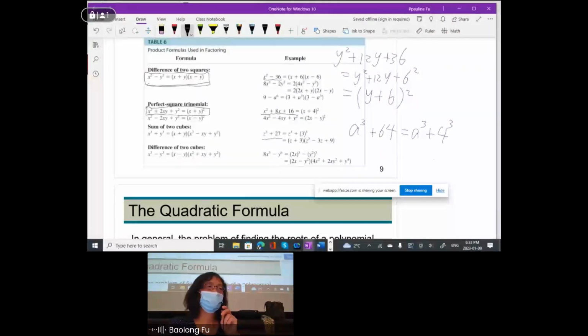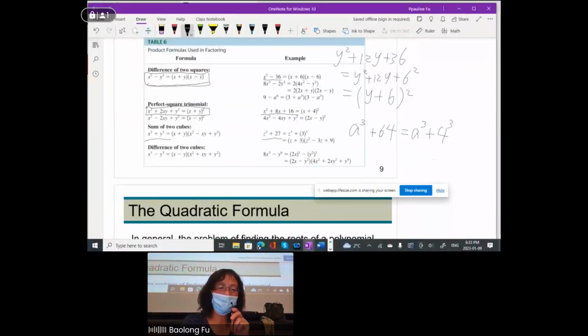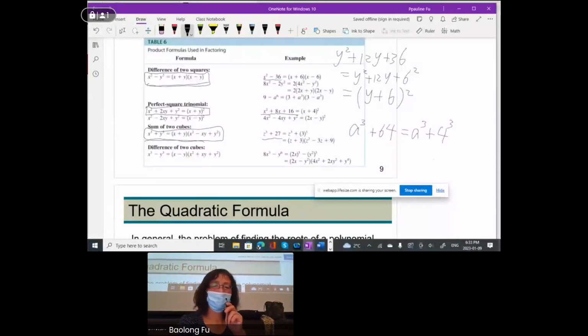That's right, 4 raised to power 3 equals 64. And then we use this formula, the sum of 2 cubes, and you get a plus 4 times a squared minus 4a plus 16.